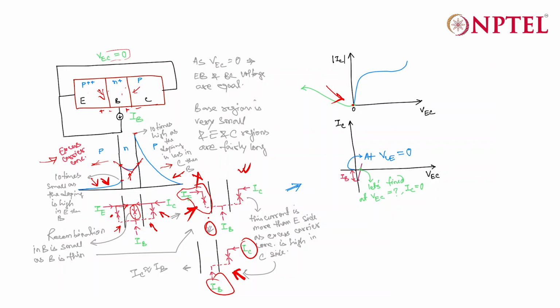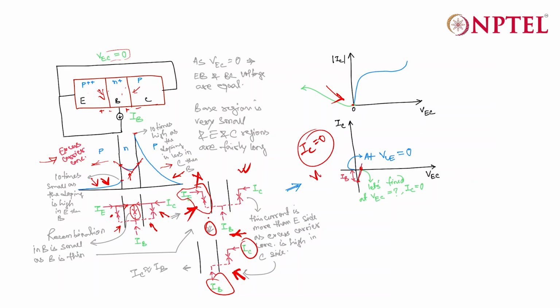The current is going inside the terminal in this direction, and it is actually negative and equal to IB. So this is where the output characteristics should start, and then it will rise. So our next target point is when IC is equal to 0.